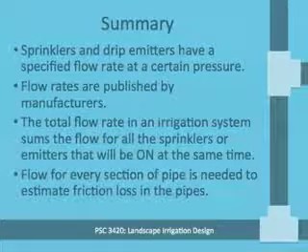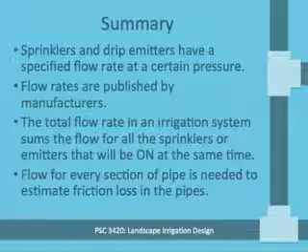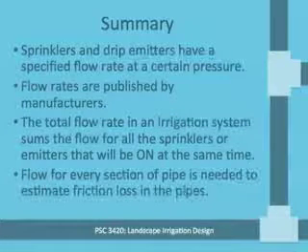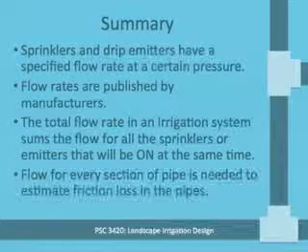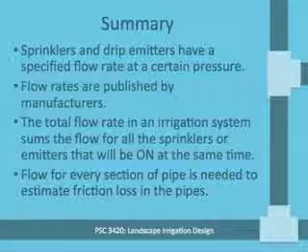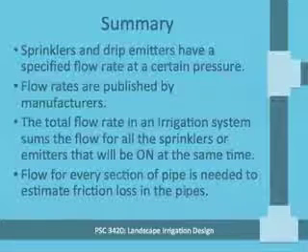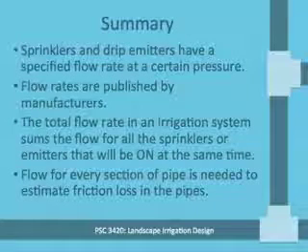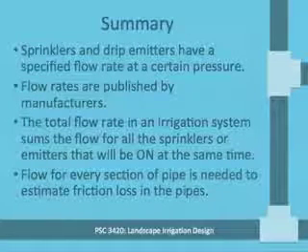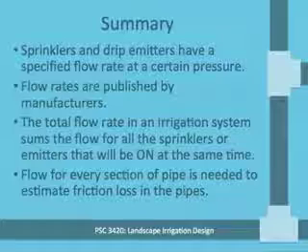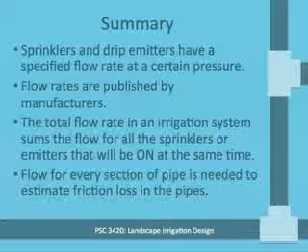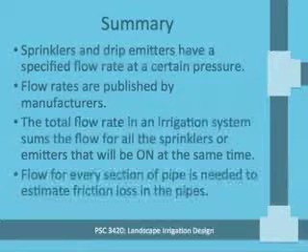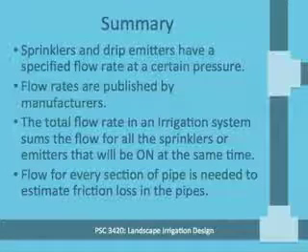So to sum up this discussion of flow, it's important to remember that sprinklers and drip emitters have a specified flow rate at certain pressures. And these flow rates are published by manufacturers. They're available in catalogs, they're available online, there are lots of resources available for you there. The total flow rate in an irrigation system sums the flow for all the sprinklers or emitters that will be on at any given time.